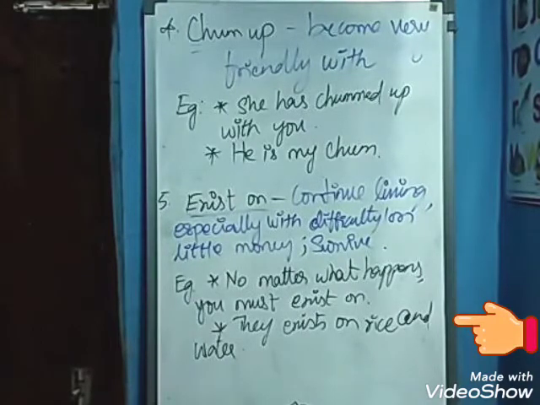So only because of that rice and water which they have, they are still living. So they are continuing their livelihood with only that rice and water. That is the only thing which they have. So that is what it actually means.